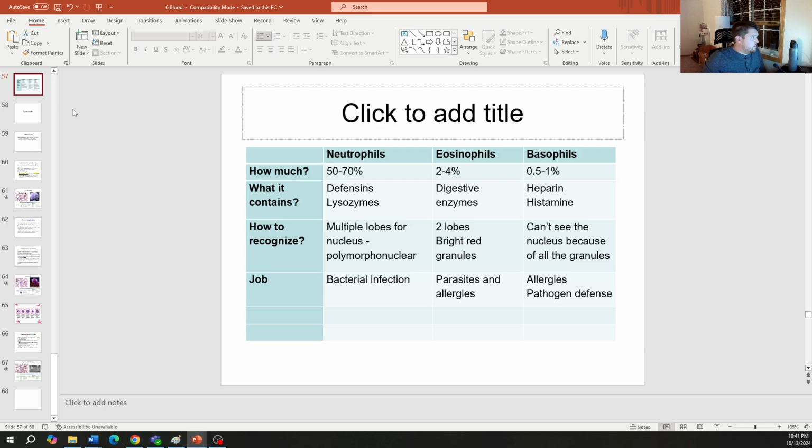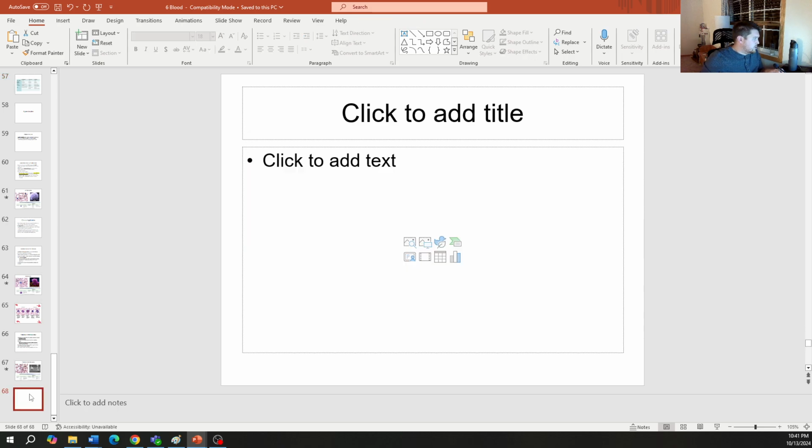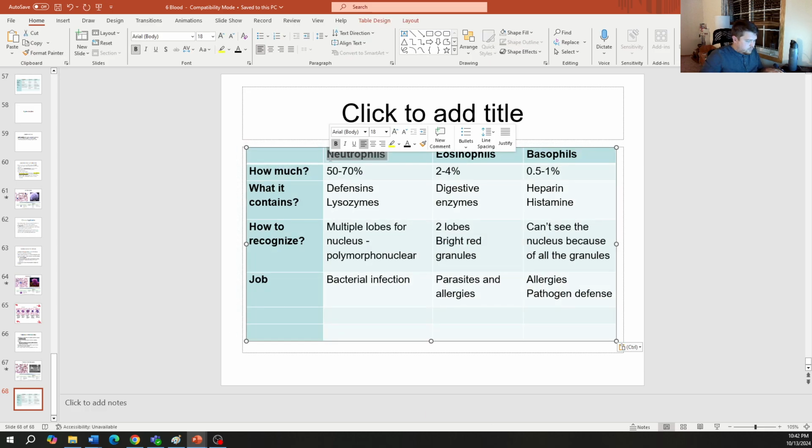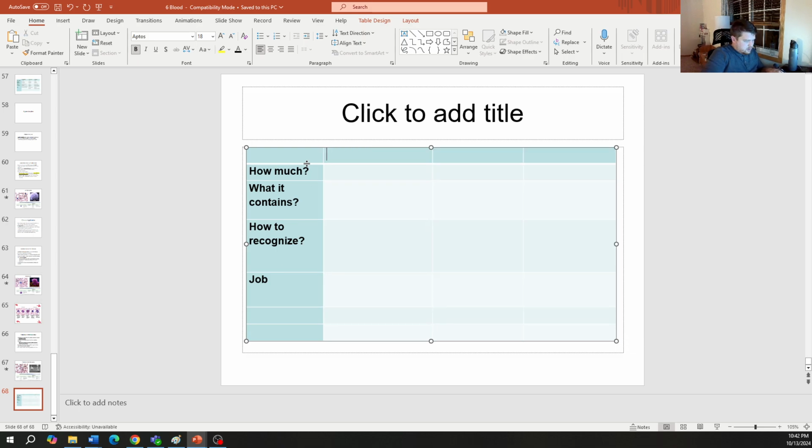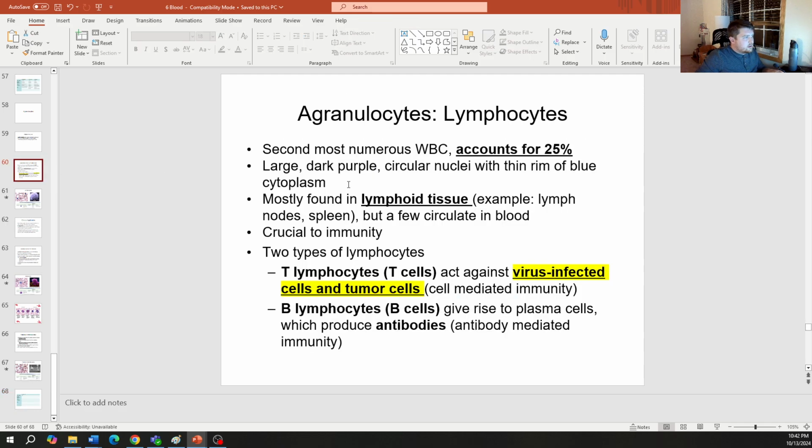So if we want to create something similar to this: lymphocytes, there are 25%. What it contains doesn't give us any of the specifics, but we know its job.